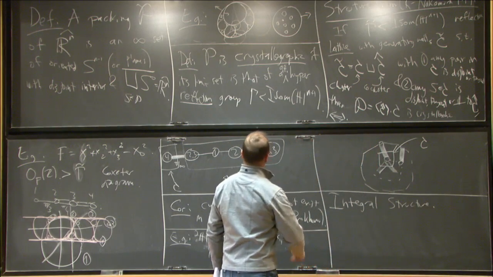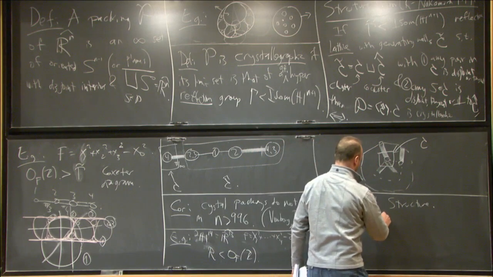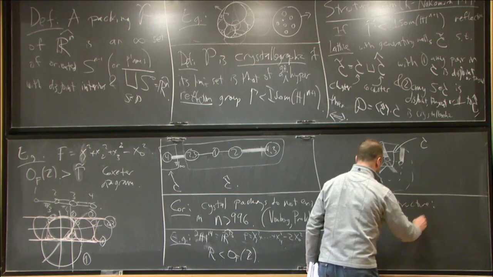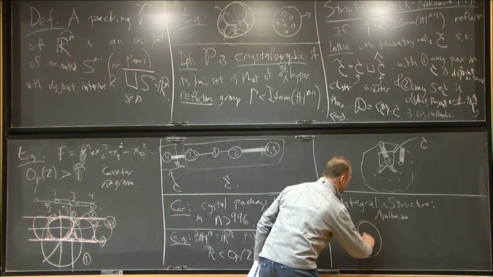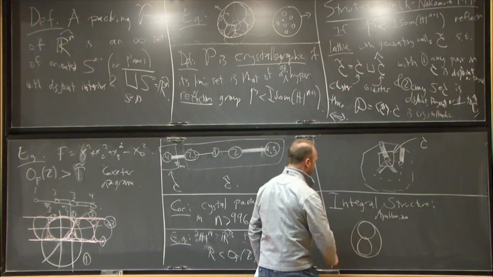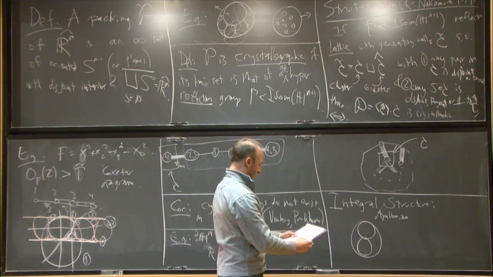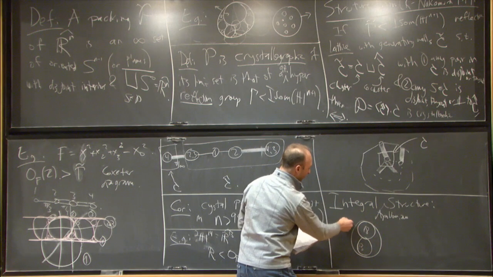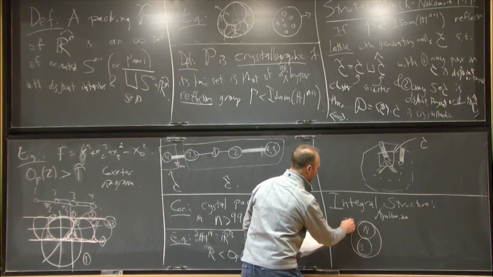So let's go back to the Apollonian packing, integral Apollonian structure. If I start with my initial three circles having bends 18, 23, and this bend will be negative, the outermost circle has bend negative 10.